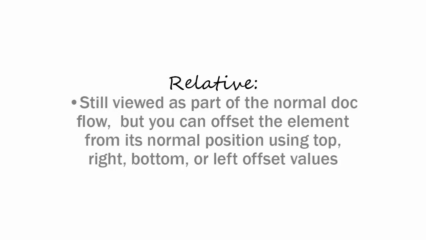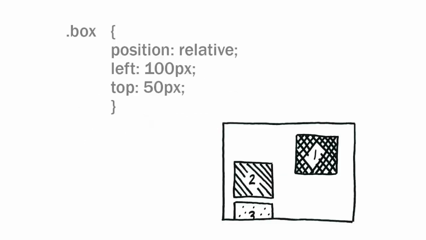When relative positioning is applied to an element, that element is still viewed as part of the normal document flow, but you can offset the element from its normal position using top, right, bottom, or left offset values. In the example, the position of the element is exactly the same as the previous example, the only difference being that a relative position is specified.